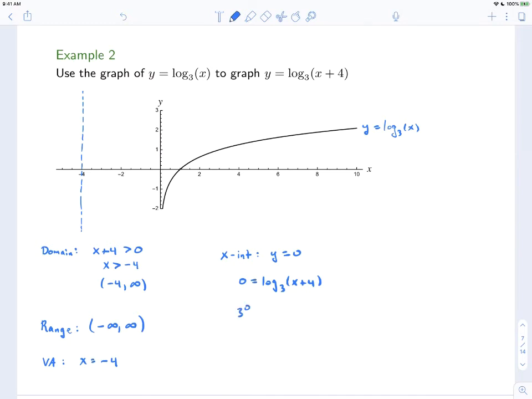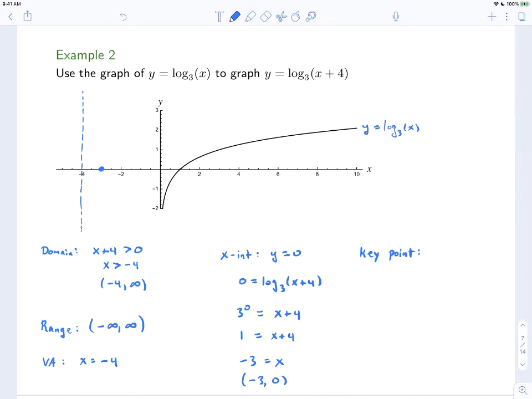So 3 to the 0 gives you x plus 4. But 3 to the 0 is 1, so 1 equals x plus 4. Subtract 4 from both sides and you get negative 3 equals x. So the x-intercept happens when x is negative 3 and y is 0. That's right about here.